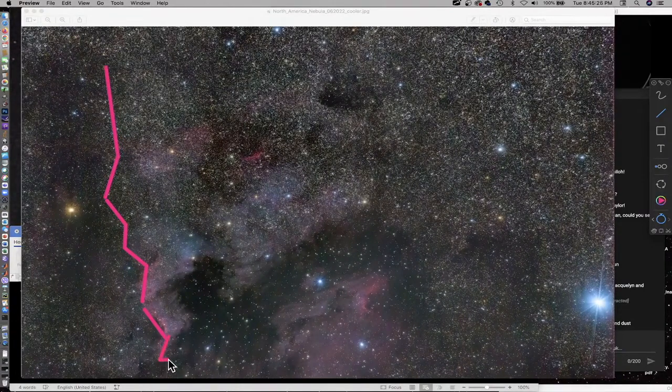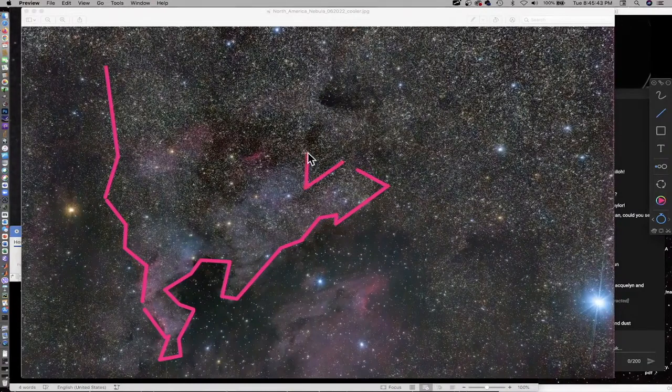And I guess this is the Yucatan, and then on up to Texas, and then you've got the Gulf Coast, and then Florida, and then the East Coast, and then, you know, Nova Scotia or whatever is going on up here. I don't know where Hudson Bay is. It's probably up here somewhere. But you can see it looks like the North American continent. That's why they call it the North American Nebula. Okay.